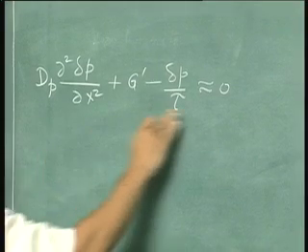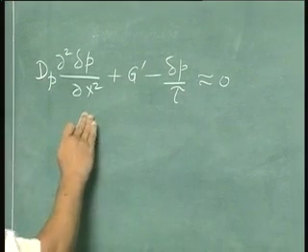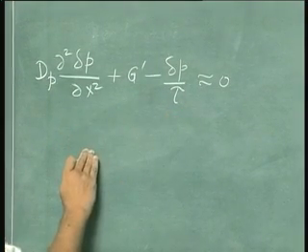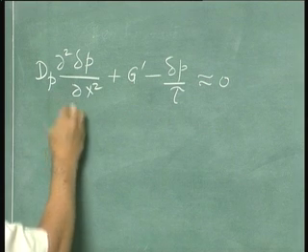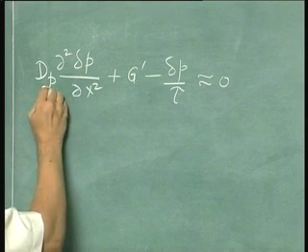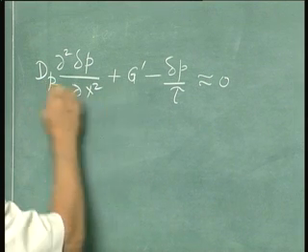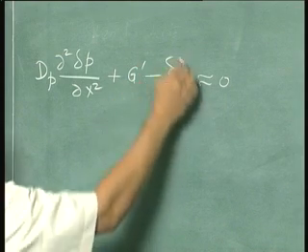Now we can simplify this particular equation. What we do is we divide by Dp throughout and these two terms we club.